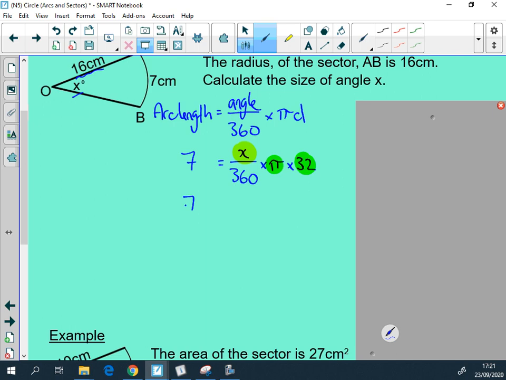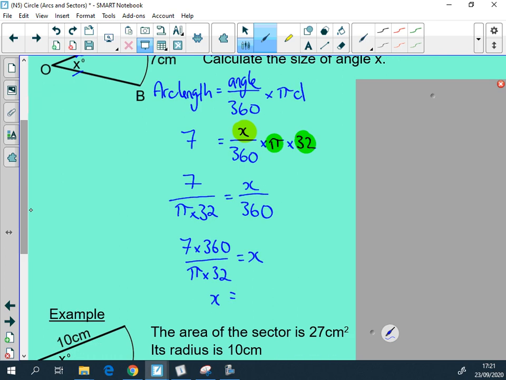So I'm going to divide both sides by pi times 32. And that's going to be equal to x all over 360. The x is being divided by 360, so I need to multiply 360 on both sides. Now, when I'm multiplying the left-hand side by 360, it goes into the numerator.